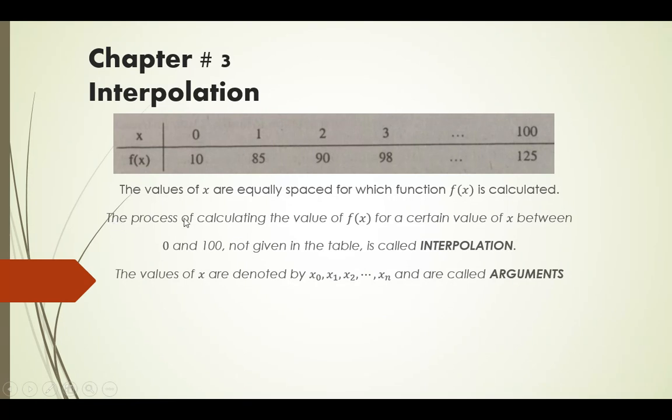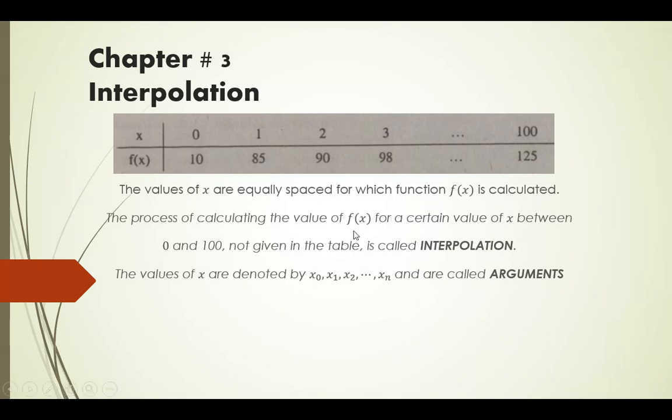The process of calculating the value of f of x for a certain value of x. Remember that this lecture is very much important because this is the initiative of this chapter, and I'm going to define here some basic ideas which will be used later on in all this chapter.